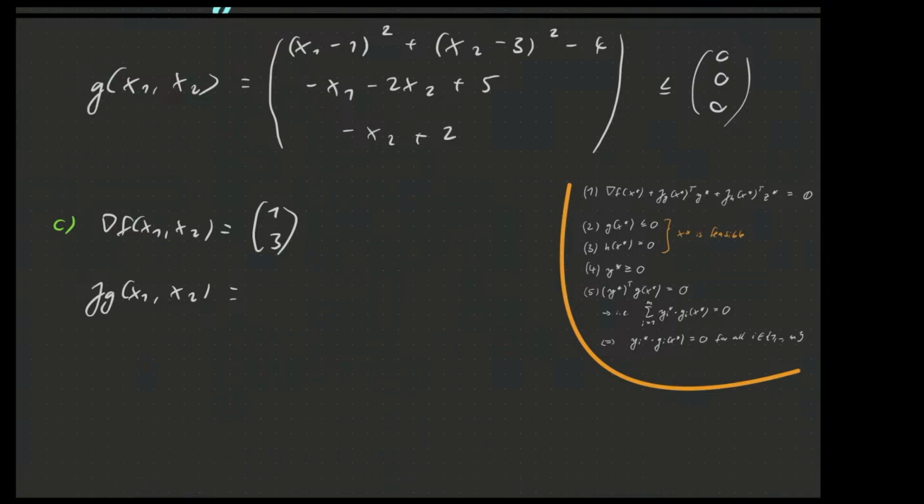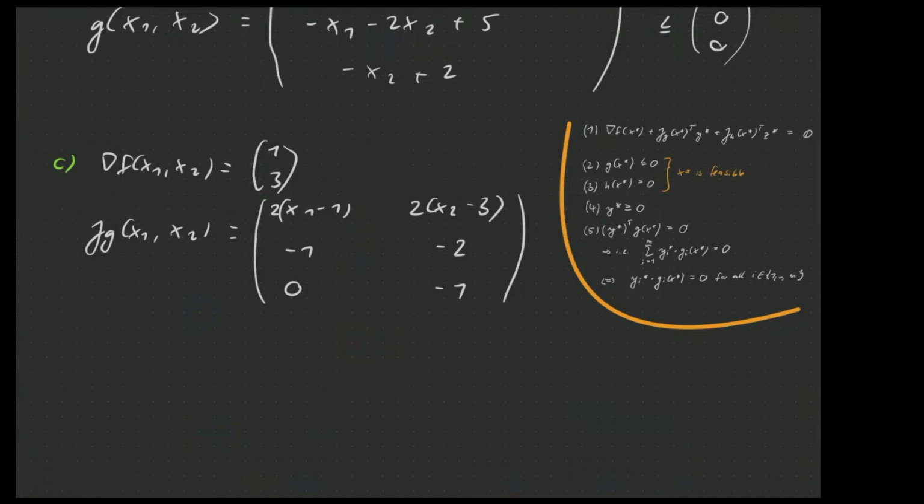For the first row, we get 2x1 minus 1. And there's no other x1 in there. So that's all. And for x2, we get 2x2 minus 3. Then for the second row, we get a minus 1 for x1 and a minus 2 for x2. And for the third row, we get a 0 and a minus 1. Yeah, that should be correct.